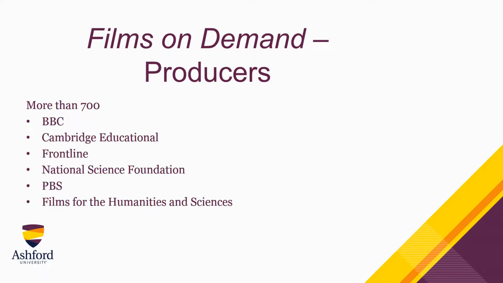Films on Demand offers materials from more than 700 producers, including well-known names such as BBC, Cambridge Educational, Frontline, National Science Foundation, and PBS. In-house producers such as Films for the Humanities and Sciences are also available.